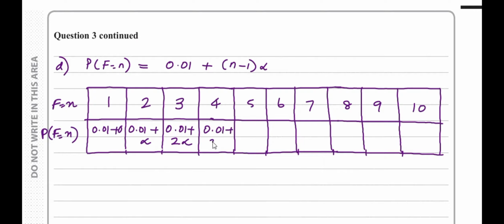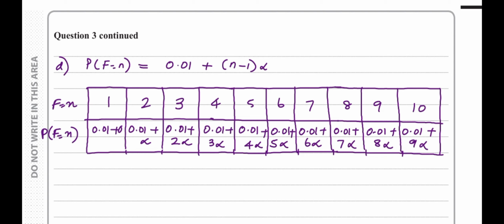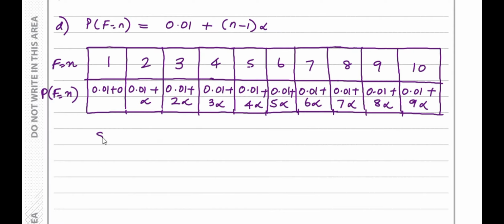You can see that 3 alpha here, 0.01 plus 4 alpha. Let's complete this out. 5 alpha, 0.01 plus 6 alpha, 0.01 plus 8 minus 1, 7 alpha, 0.01 plus 9 minus 1, 8 alpha, 0.01 plus 9 alpha. We know that sum of all probabilities should be equal to 1.